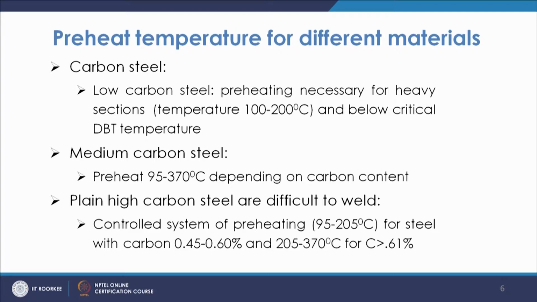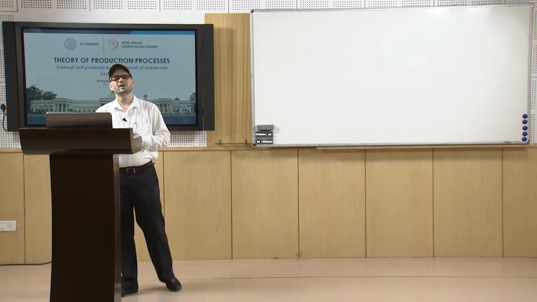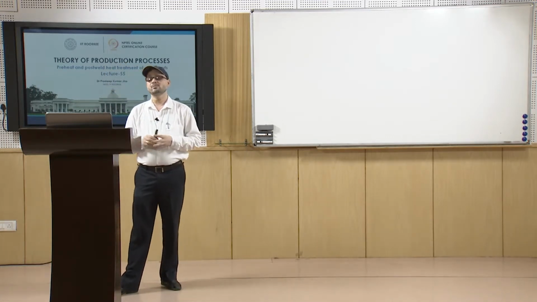Now, in the case of medium carbon steel, as we discussed, when the carbon percentage becomes more, the hardenability increases, and the chances of formation of martensite with ease will be more.